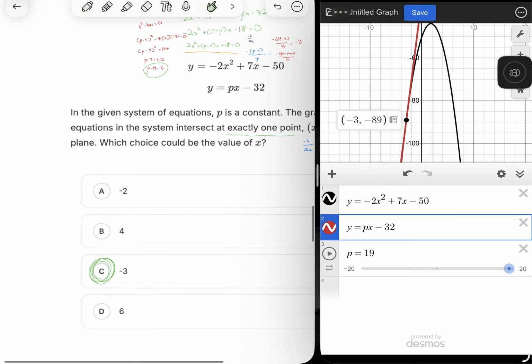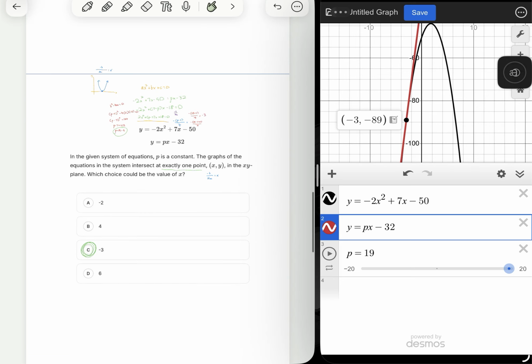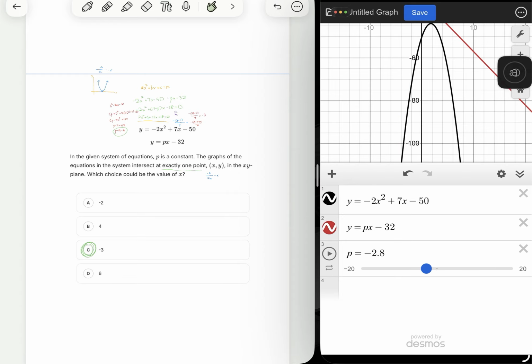And we got negative 3 as an answer choice here. So that's another way you can play around with the slider and see where the graphs intersect at 1 point, and then tap on the intersection point and look at the x coordinate.